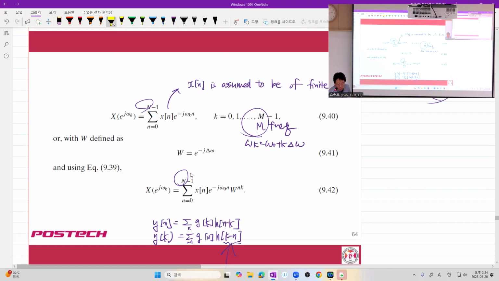Here, as you see that the x of n is a finite duration discrete time signal, or it may be from the beginning was a finite length vector. And we converted it to a discrete time signal by padding countably infinite number of zeros. Anyway, by doing that, we can connect the DFT of the vector with the DTFT of that discrete time signal.